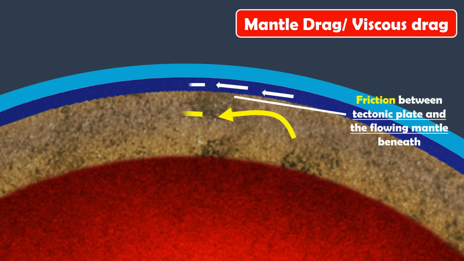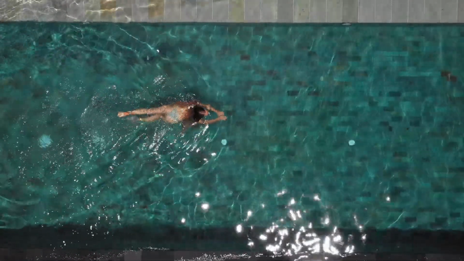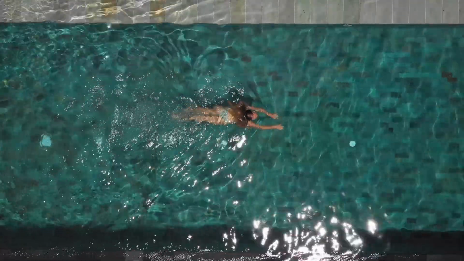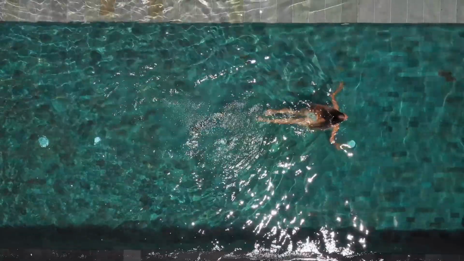Another important force at work is mantle drag. That is basically the friction between a tectonic plate and the flowing mantle beneath it. Think about it like swimming in a river. If the current is moving in the same direction as you, and faster than you, it gives you a helpful push.